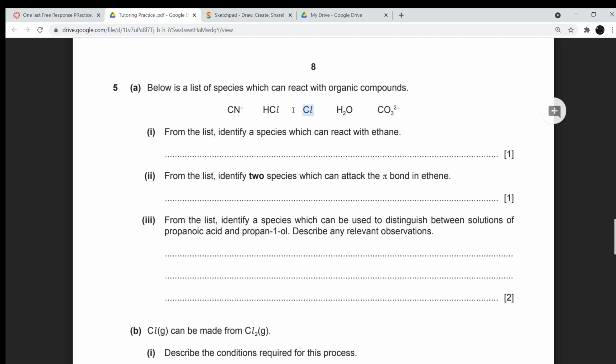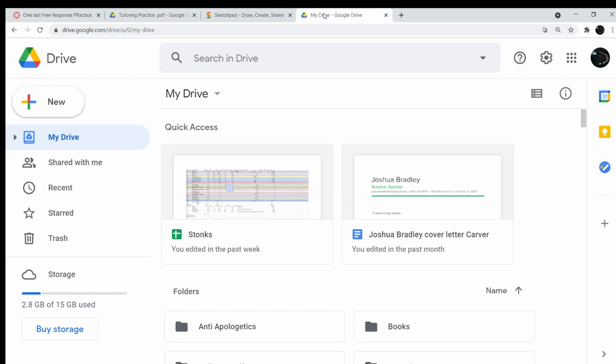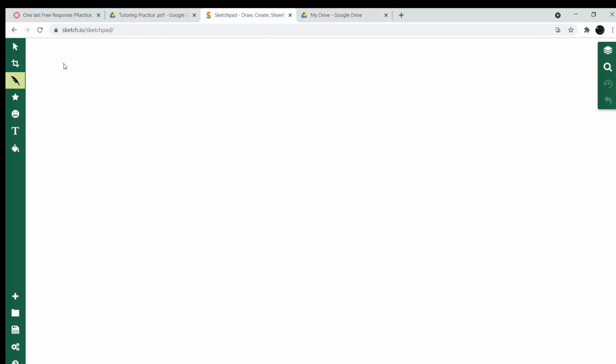And we went over this one. This was how we did a substitution with an alkane. So 5(1), that's going to be chlorine.